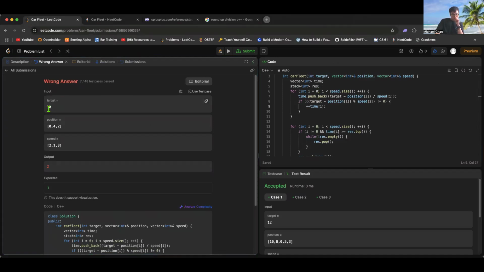What is this now? So this first car takes 5. Second car takes 6. 5, 6, and 3. What?